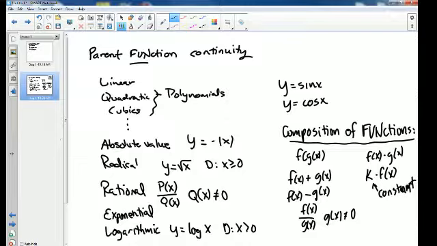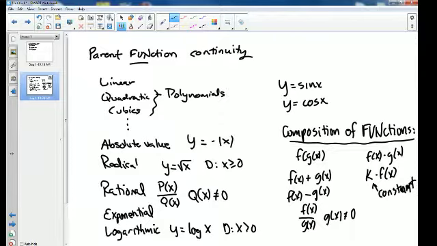So at this point, now you can say, oh, this is a polynomial, it's continuous. You don't have to really prove it at any point.